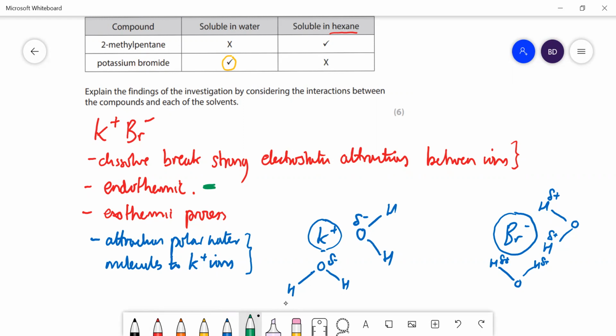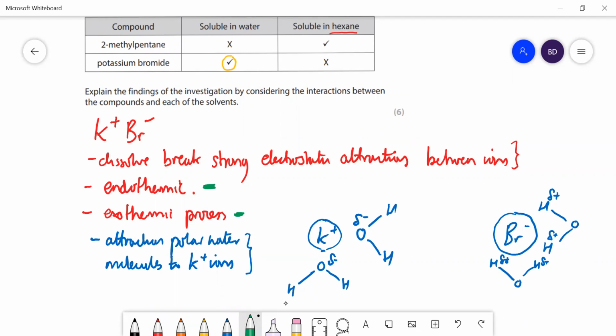You'd have to put loads of energy in to break up the lattice, but you wouldn't get energy out because the hexane molecules are not polar and they're not going to be attracted to the positive potassium ions and the negative bromide ions.